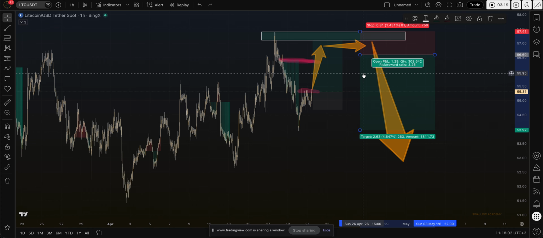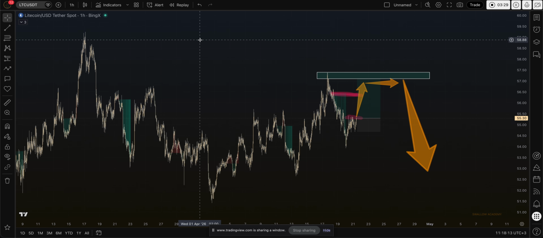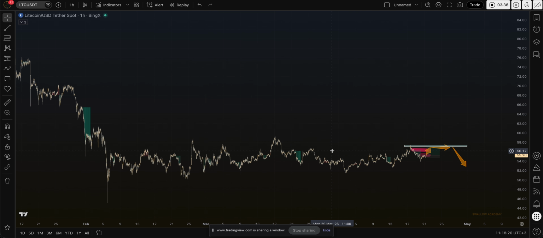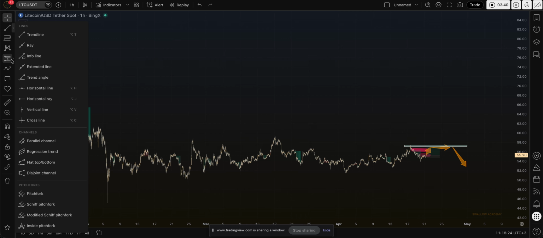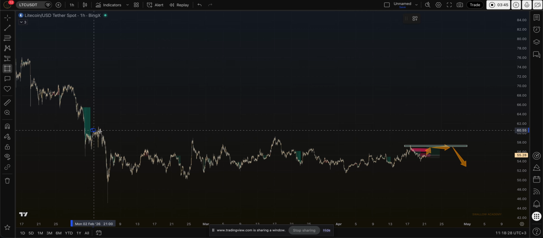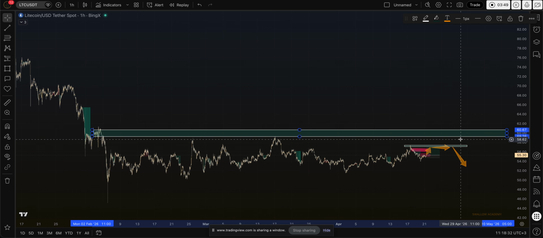So nothing really complicated. The CME gap still acts as a magnet here, and most probably we are going to just fill this upper resistance area, small resistance area, where we might see some kind of struggle. Now if we break out, then we are going to just zoom out, look where is the next approximate resistance area, and then just wait for this area to be filled and maybe some kind of rejection to form near this region.